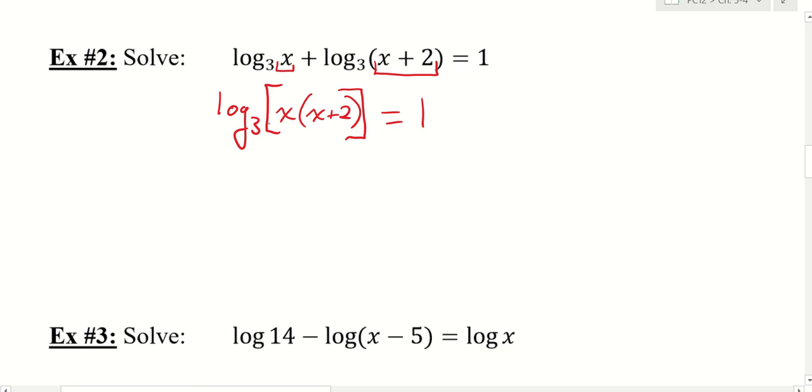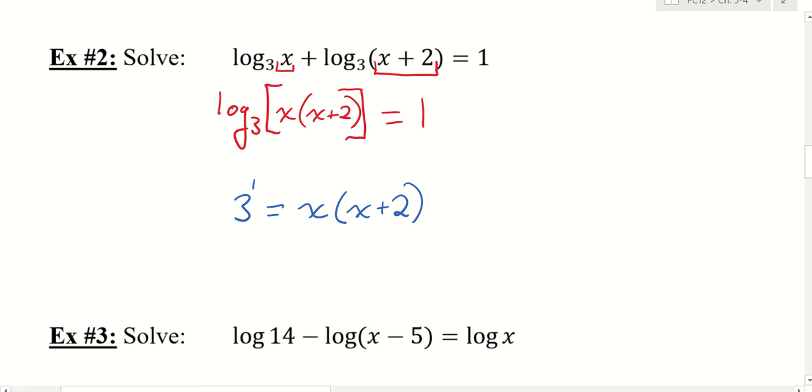I think I'm sensing that that would be a good way to go, because if I do base 3 to the power 1 equals x times x plus 2, then nothing complicated would be in an exponent or trapped inside as the input of some log function. And so here I'm just changing this logarithmic form to exponential form. Base 3 to the power 1 equals the input of the logarithm, x times x plus 2.